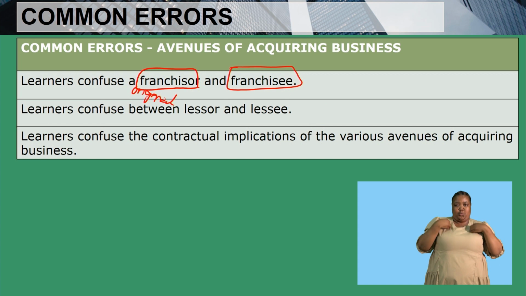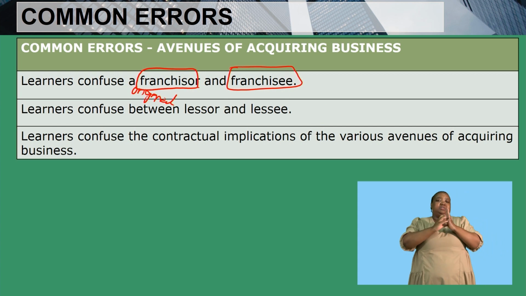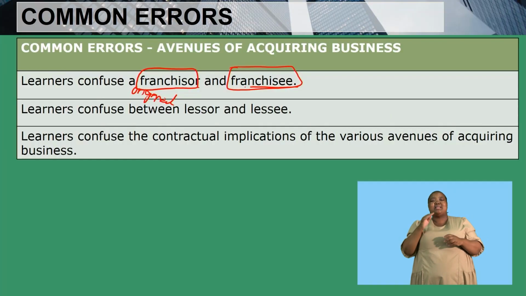So for instance, if I have Patience Pty Ltd that is selling chicken, it makes me the original owner of that company. Someone else who will want to start the company using my name will then be called a franchisee. I hope that makes it a little bit easier.